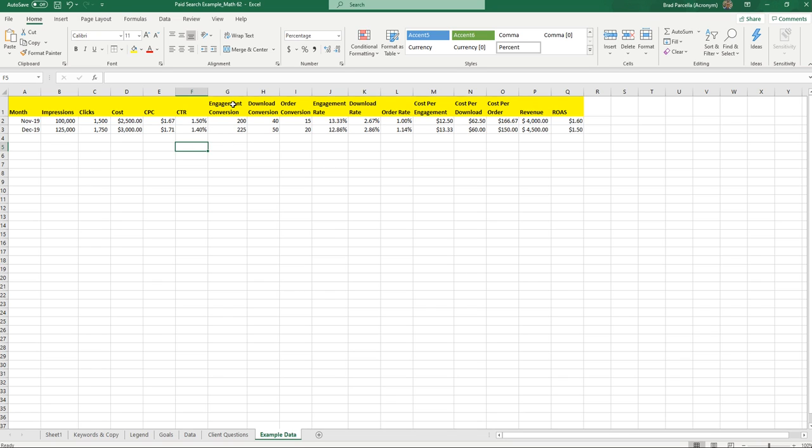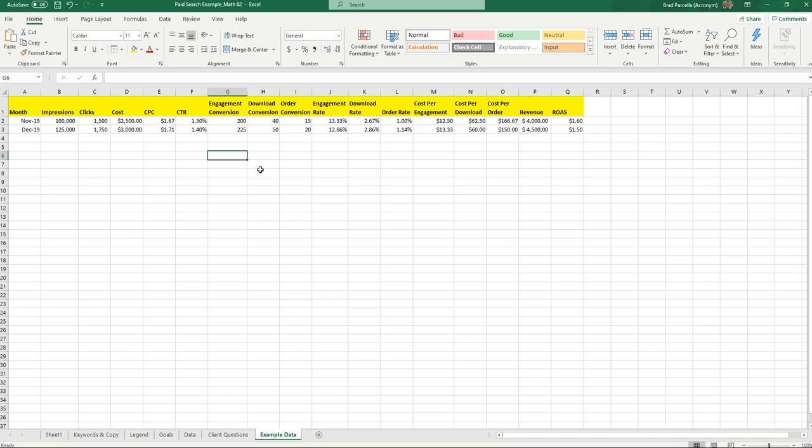The next three metrics are example conversions, right? So these are really the goals that a client of yours will want to strive for. So I gave three because they work their way down a funnel. So an engagement conversion, we'll just say, is at the top of the funnel.